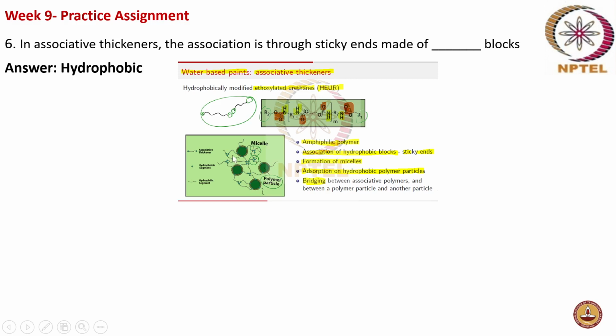So this is what makes their ends sticky, and that is how they form bridges and form a 3D network. They bridge the polymers, or a polymer and another particle. For example, on the surface, it will bridge the surface and the polymer particle. They are hydrophobic ends, they get associated and they form a 3D network.